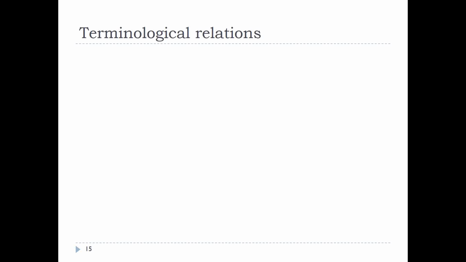I'd like now to talk about terminological relations. Now, this is something you're going to have to get to grips with as you work on your first assignment, because I'm asking you to link some of the terms that you're going to collect with each other in terms of how they relate to each other. Now, to start with a fairly simple one, you're all familiar with the concept of synonymy, when two or more words have the same or have similar meanings.